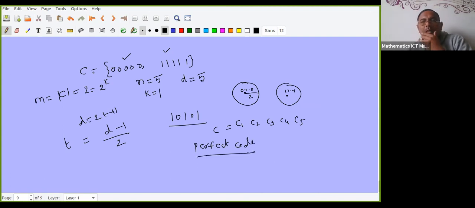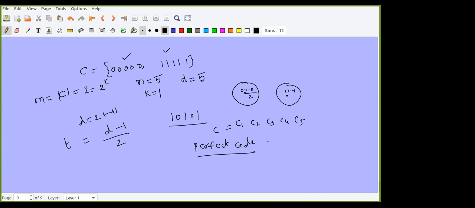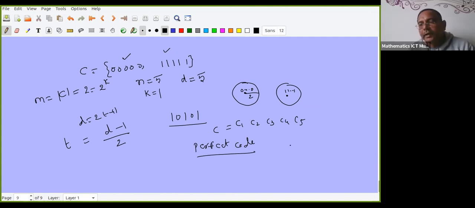Yes, sir. Right. But now I'm asking another question. If you are still not clear, let us look at this, 4 vectors only. Again, I'm taking the repetition code to help you understand. Now, what is the distance now?